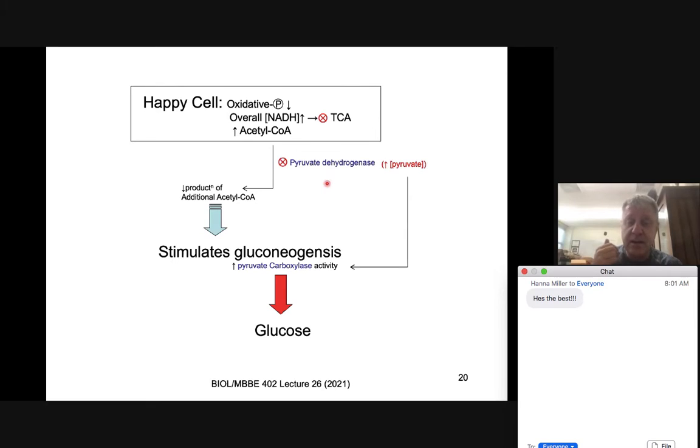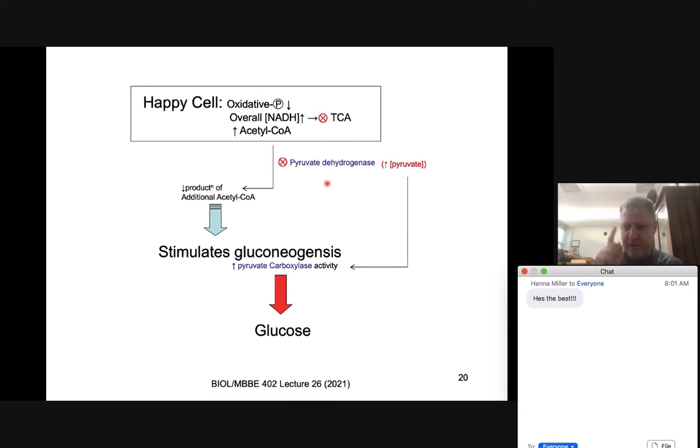We're going to see then the decreased concentration of acetyl-CoA coming from the degradation of pyruvate. And we're going to then start seeing the absolute switch, now an increasing concentration of pyruvate, which is going to actually increase the pyruvate carboxylase activity, the one we showed in the mitochondria, which is then going to go through the process and produce phosphoenolpyruvate, stimulating gluconeogenesis and providing glucose.